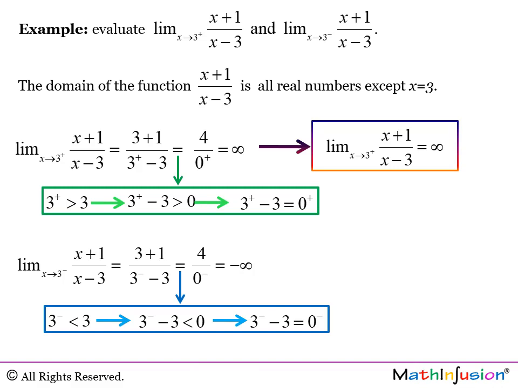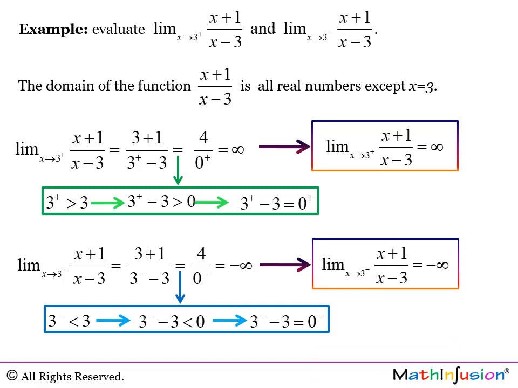We get 4 over 0 minus, which means a very, very, very tiny number, but negative. 4 is positive, so we have positive over negative, so we know this is negative. But also we know that it is plus or minus infinity, and because it is negative, it must be negative infinity. By the way, if you look at those two limits, you can conclude immediately that the limit when x approaches 3 does not exist.